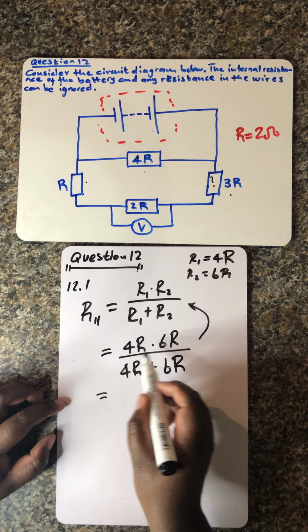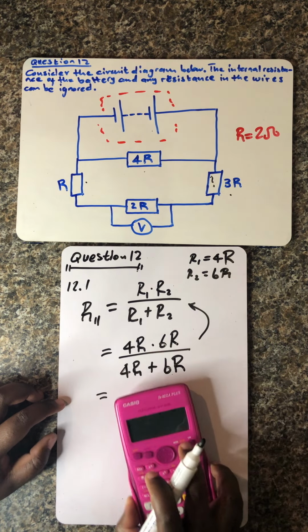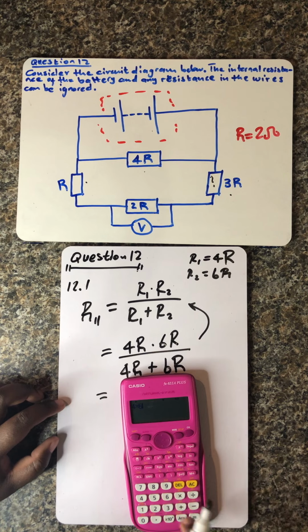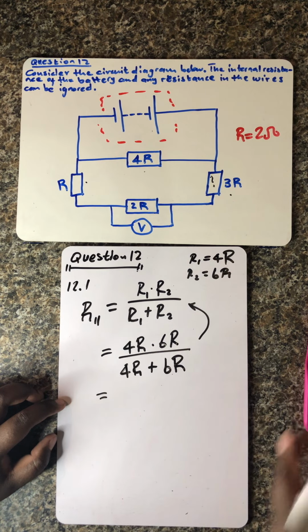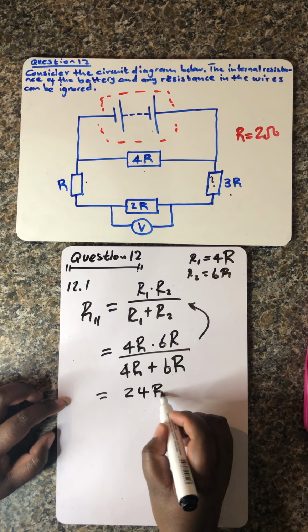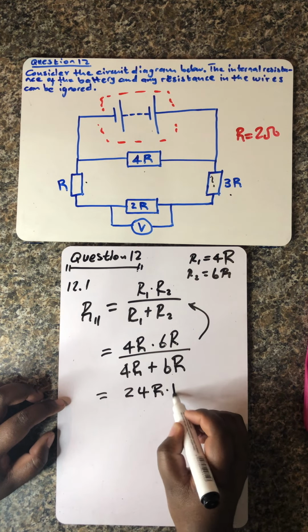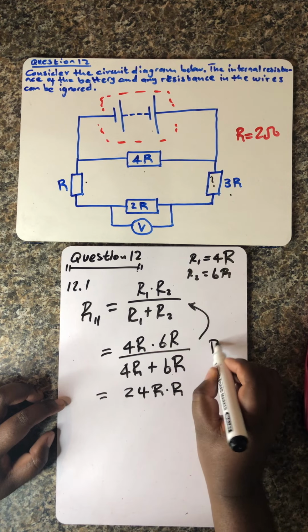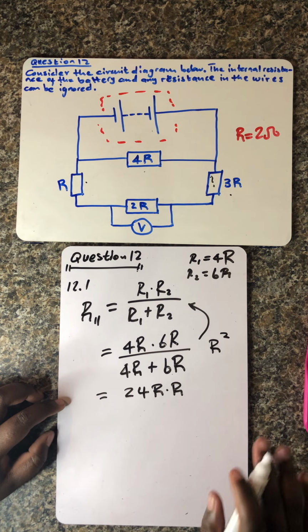Okay, so 4 times 6, how much is it? Let's see. 4 times 6 equals 24. Obviously R times R gives us R times R. If you like, you can write R squared, it doesn't really matter.